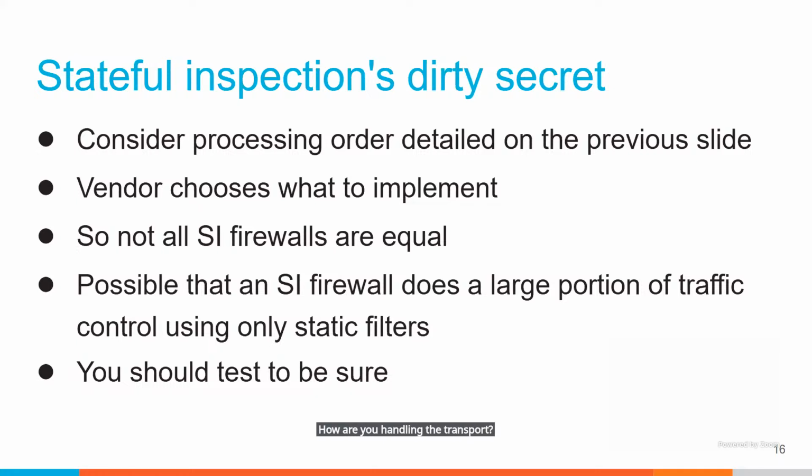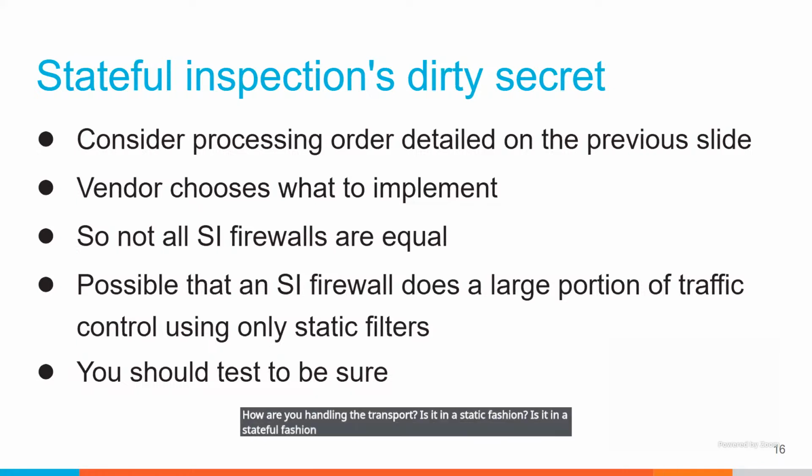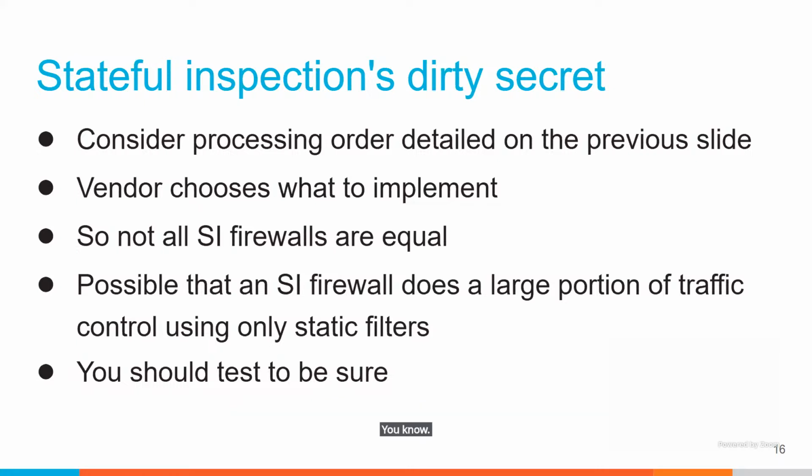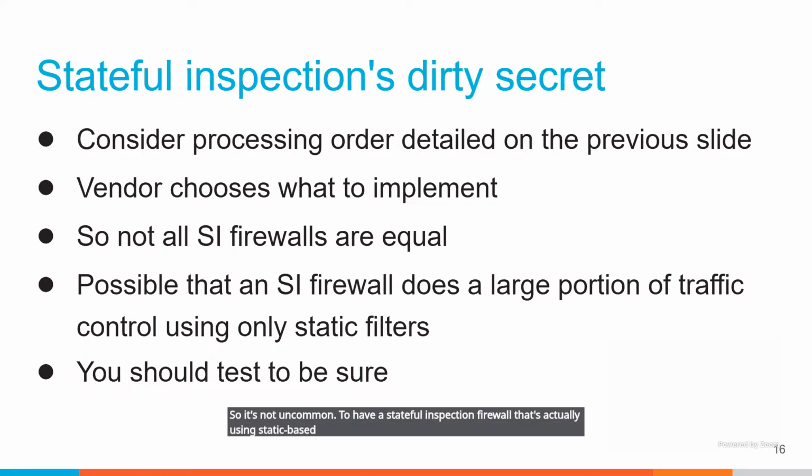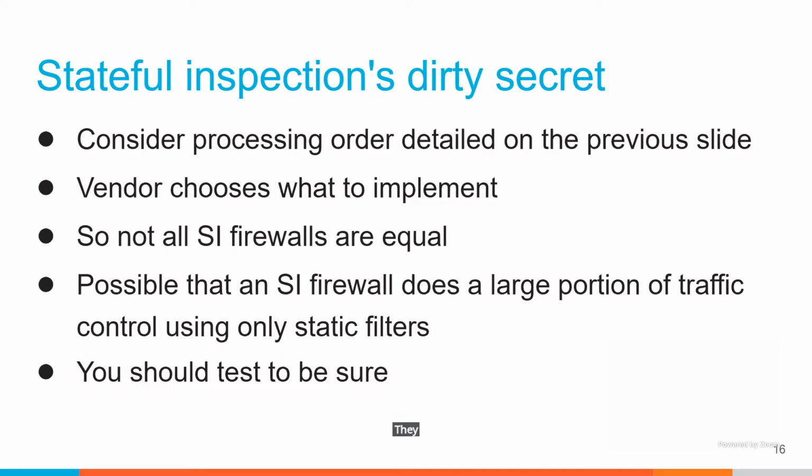Is it in a static fashion? Is it in a stateful fashion? Because again, that matters. So it's not uncommon to have a stateful inspection firewall that's actually using static-based rules for a lot of the possible traffic control. They tend to focus on the TCP, UDP, ICMP stuff, and a lot of the other stuff is just static filters only, and that's it.